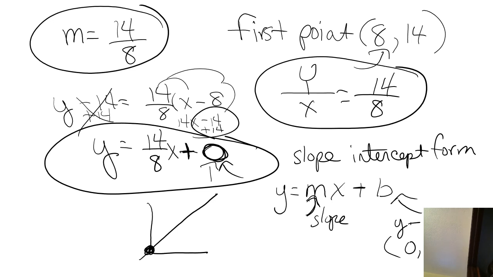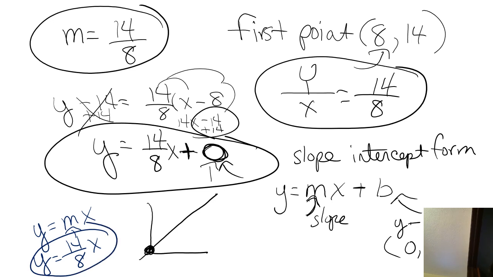And so if you notice that is happening, writing an equation is fast and easy. You just use what we call direct variation, which is y equals the slope times the x, and you just plug in your slope right here. You just write y equals 14 over 8x. You find your slope, you plug it in, and boom, you've got your equation.